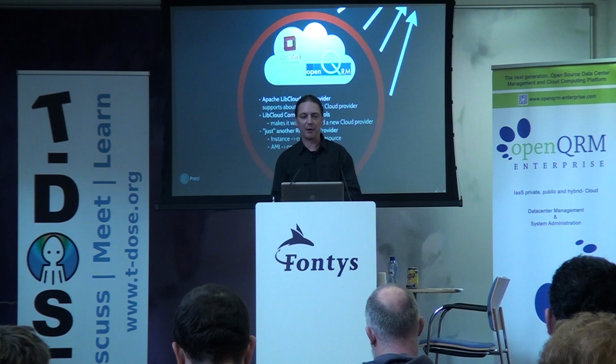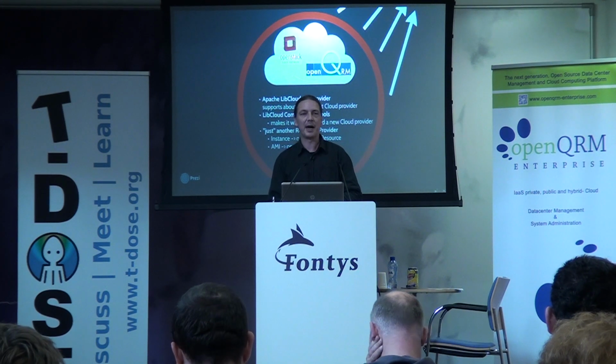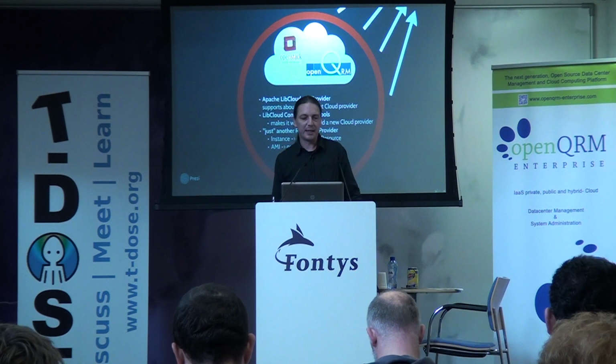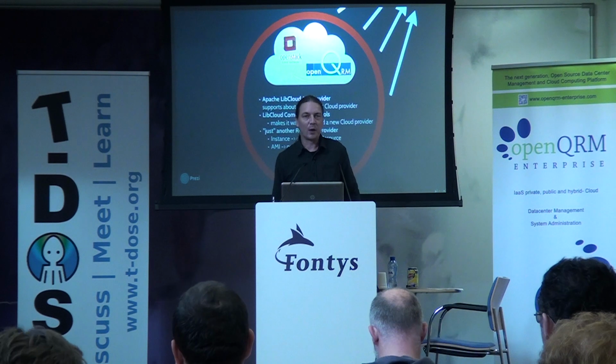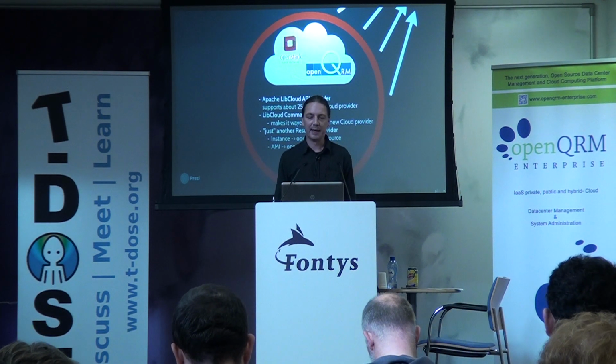So we have chosen libcloud because we have seen that it's very easy to add new cloud providers, and we developed our own set of libcloud command line tools for OpenStack.